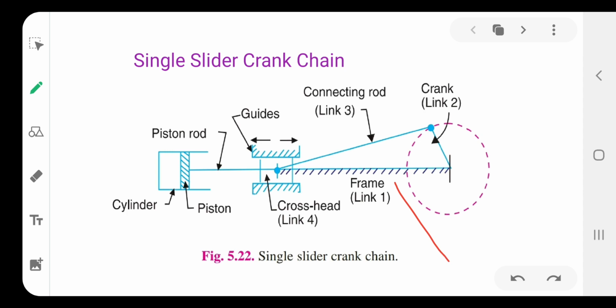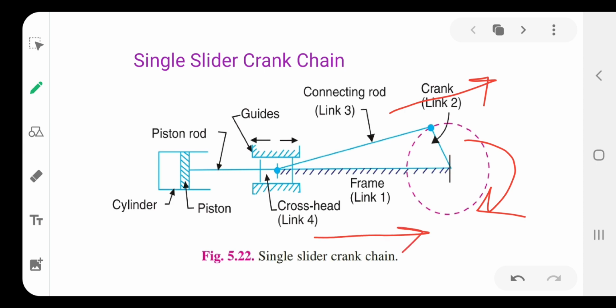I just fixed link number 1, the frame, so we got the mechanism. As the crank rotates clockwise, the connecting rod moves into that slides, and the cross slider moves backward. Okay, this is a clockwise movement.